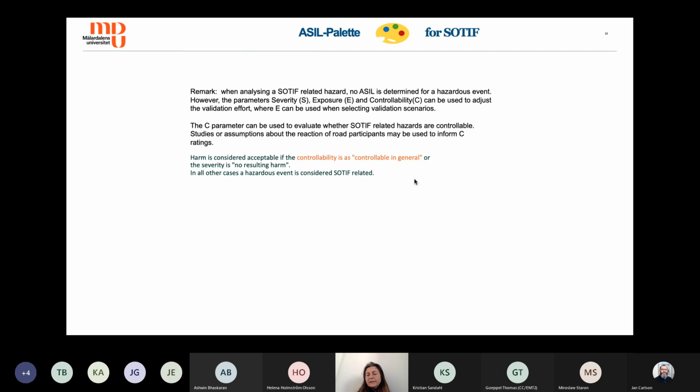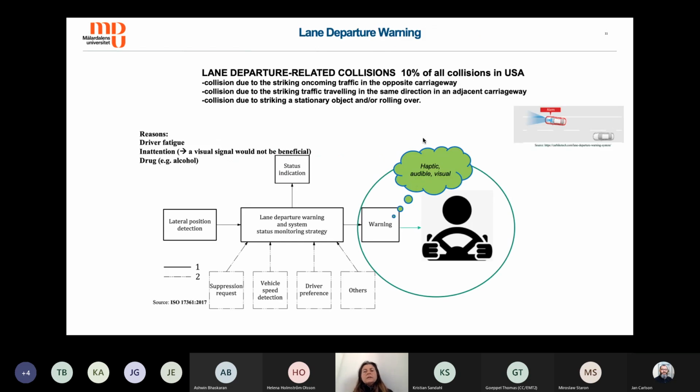And if it is considered controllable in general, also in this case, you exit from the scope of SOTIF.